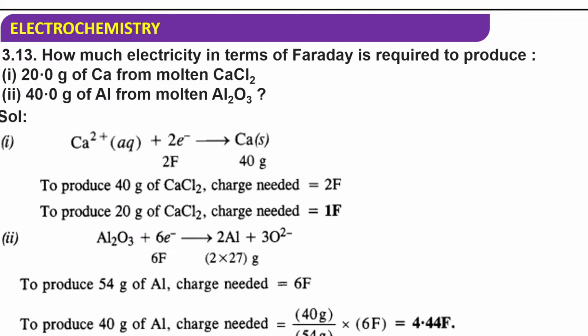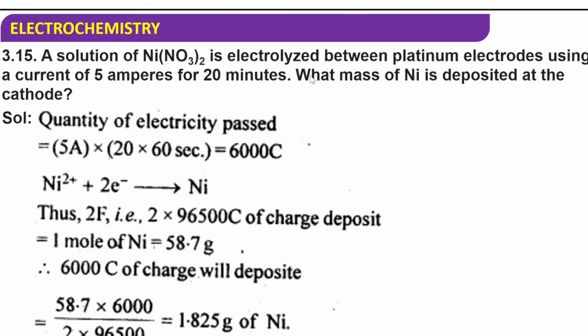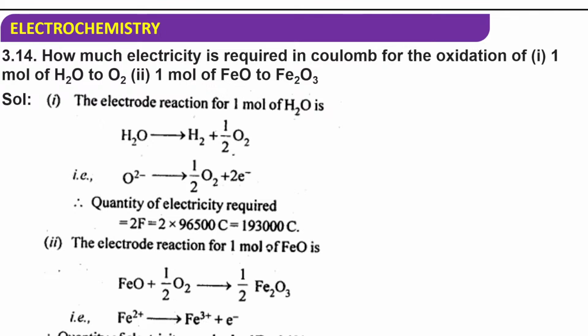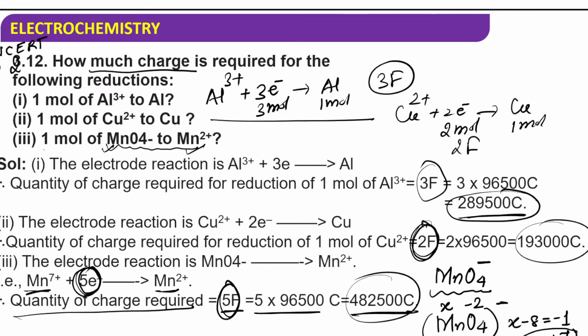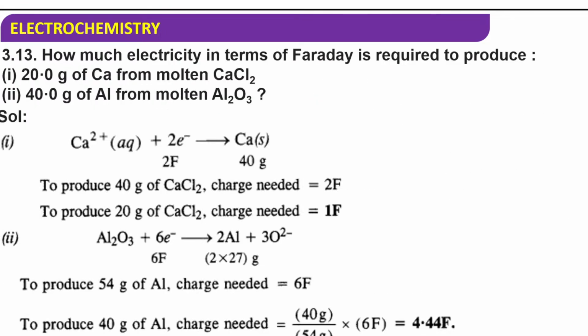how much electricity in terms of Faraday is required to produce 20 gram of calcium from molten CaCl2? So, in molten CaCl2, CaCl2 will give Ca2+ and 2Cl negative.